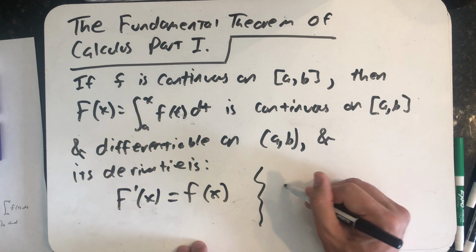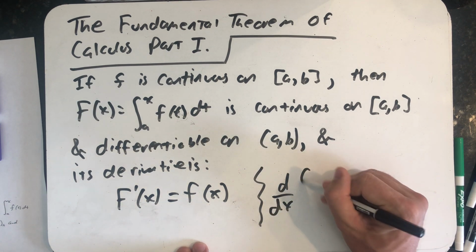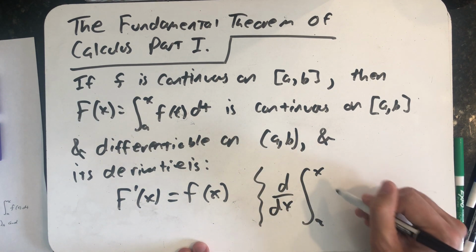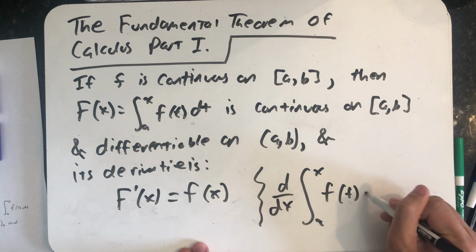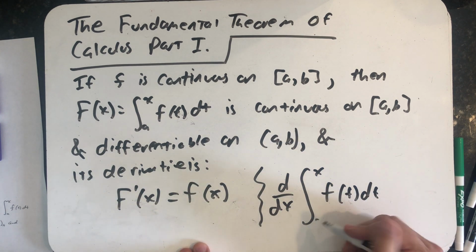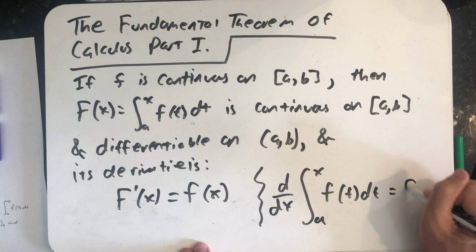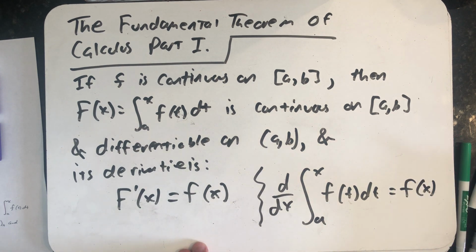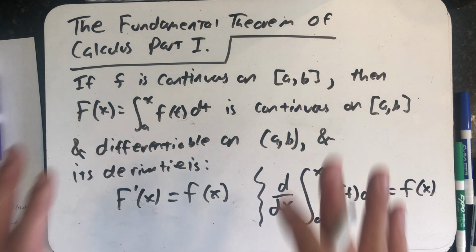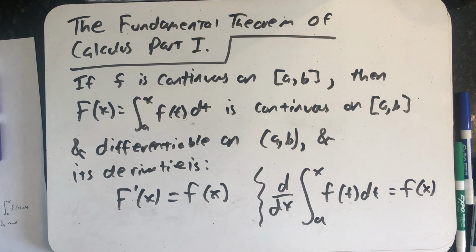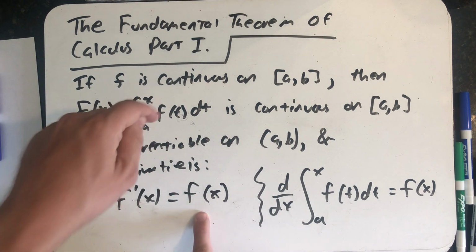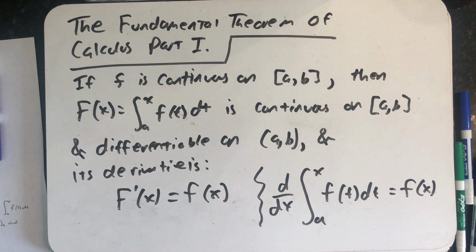Or in other words, if I differentiate this new function with respect to x, I get out little f of x. What this theorem says is this new function we've created is an antiderivative for little f. That if I give you a continuous function, this net area function is its antiderivative. Well, better said, is an antiderivative for that function.